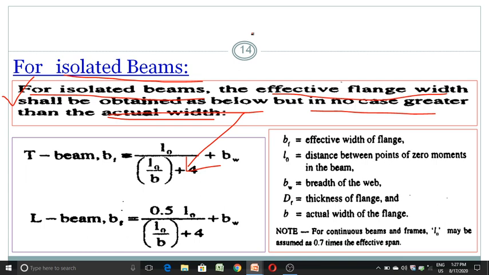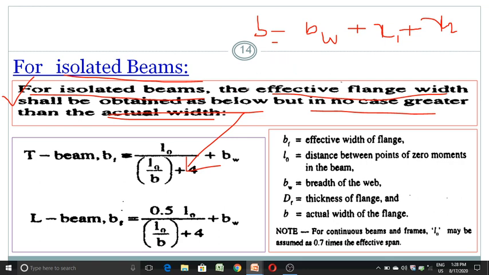The actual width of the beam B equals BW, the width of the web, plus x1, which is half the distance of the clear span in the adjacent left-hand direction, and x2, which is half the distance from the beam of the right-hand adjacent span.